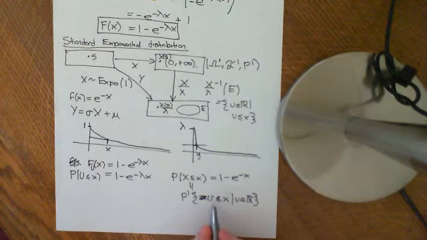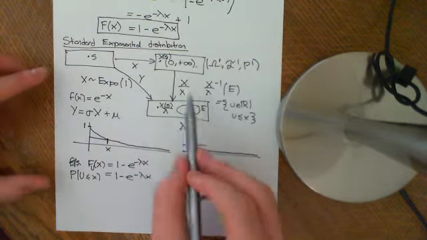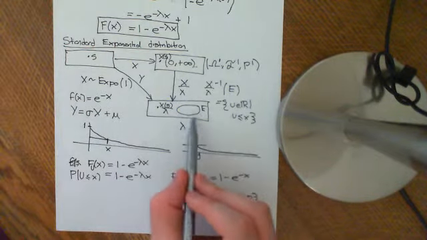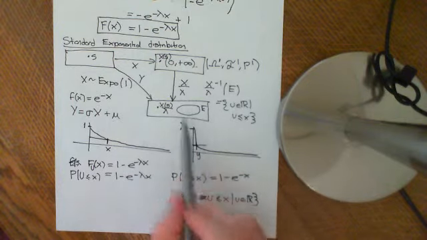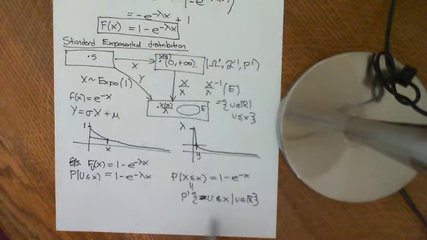If we look at what this set is under this map, we will find the set that has this as its inverse image.